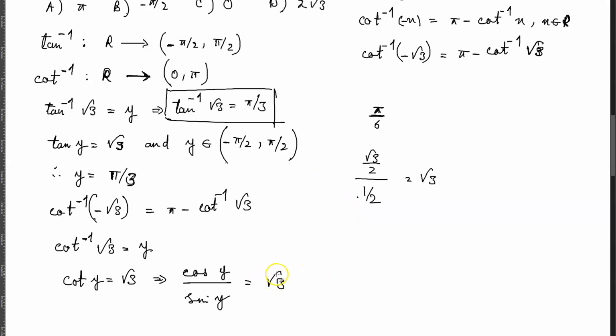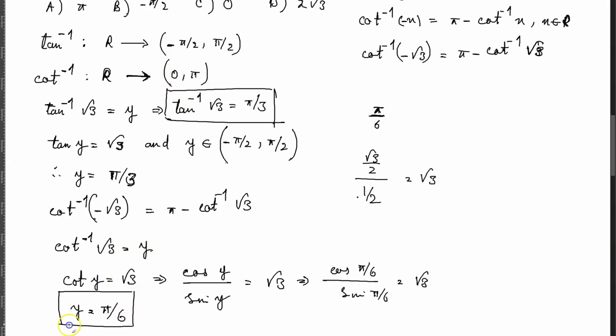So the cos of pi by 6 over the sine of pi by 6 is equal to square root of 3, which means that y is equal to pi by 6. The cot inverse function is somewhere between 0 and pi, so you have no problem there. So y is equal to pi by 6.